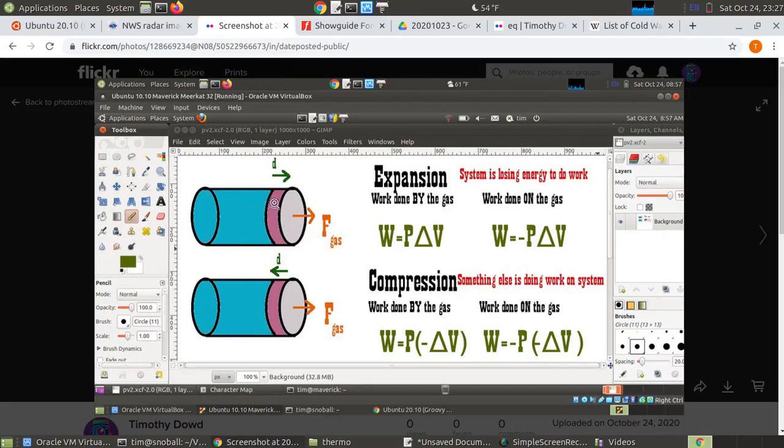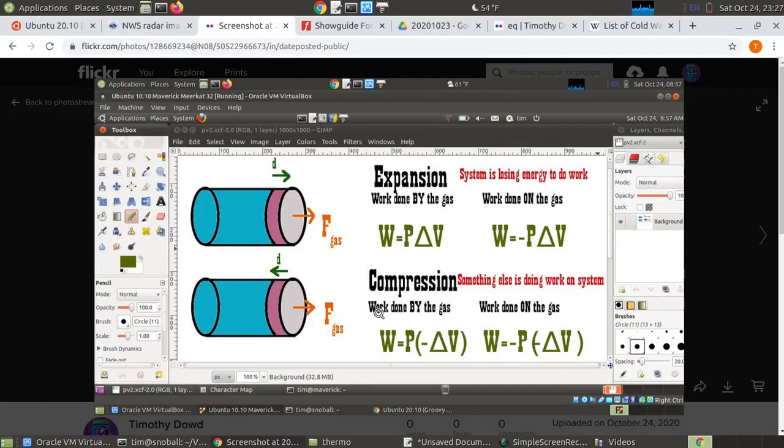If the gas expands and this piston moves outward, we have a P delta V, and that means the gas is doing work. So energy is leaving the gas. So if we talk about the work done by the gas, it's a positive number. But if we talk about the gas itself, it's lost energy. The work done on the gas is negative.